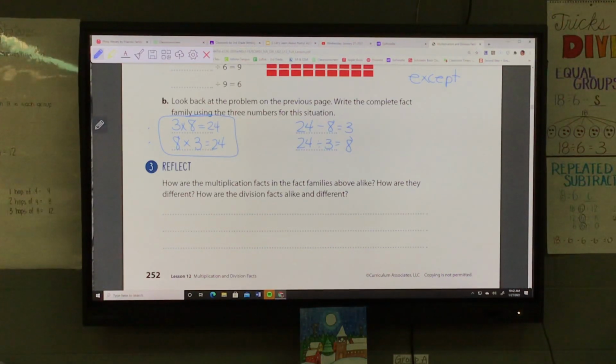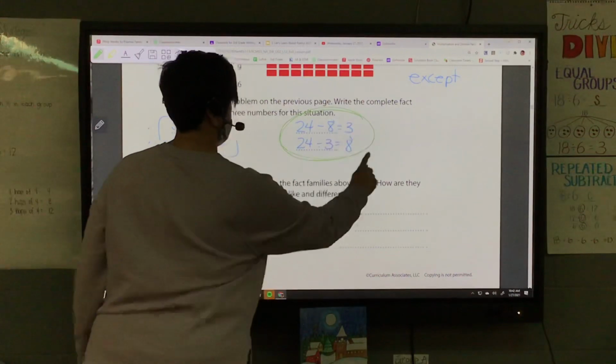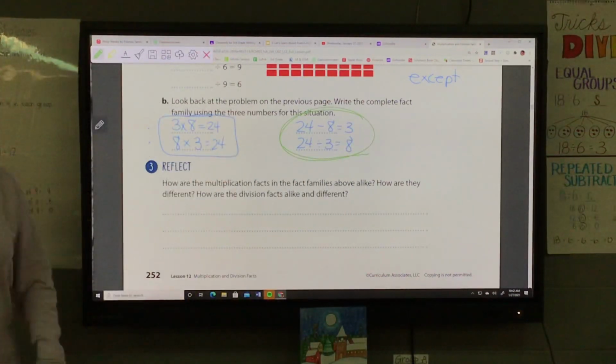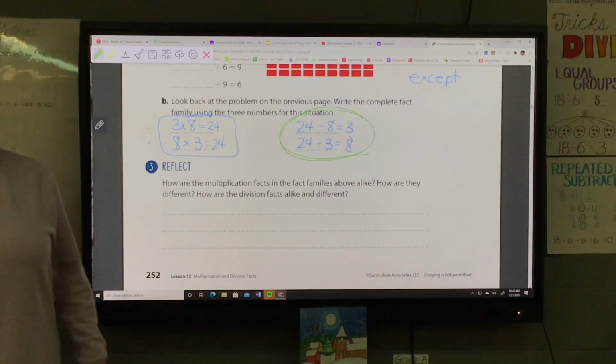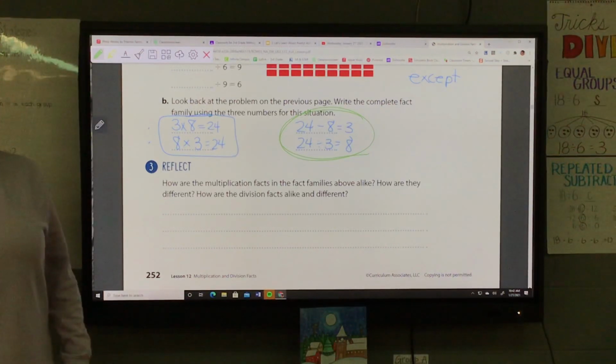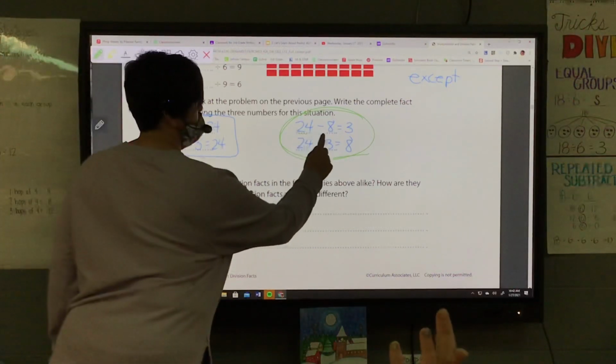Okay, the next thing that we're gonna do is take a look at the division facts. How are they alike? What's alike about them? Do they have the same numbers? Yep.